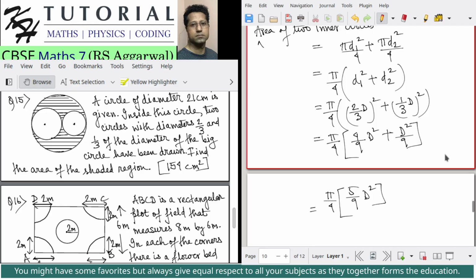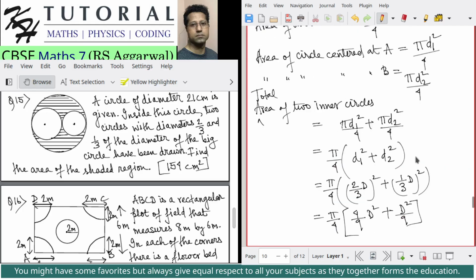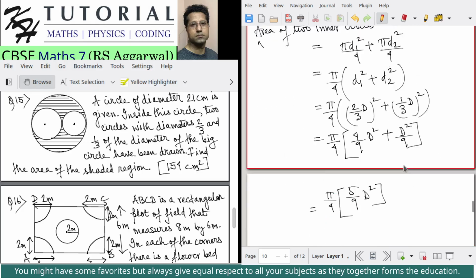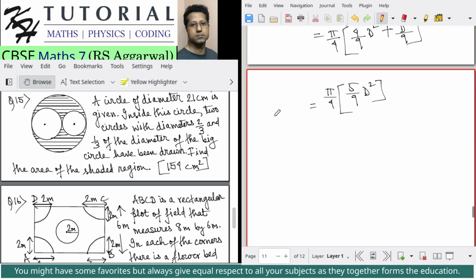So this is the total area of the two inner circles, and the area of the bigger, outer circle is pi d square by 4. So what will be the area of the shaded region? Area of the shaded region will be equal to the area of the bigger circle, which is pi d square by 4, minus the area of the two inner circles, which is pi by 4 multiplied by 5 by 9 d square.